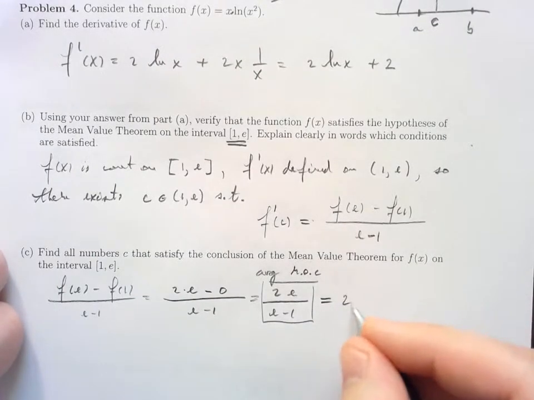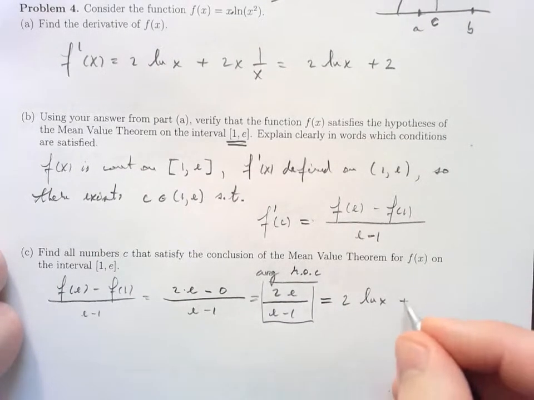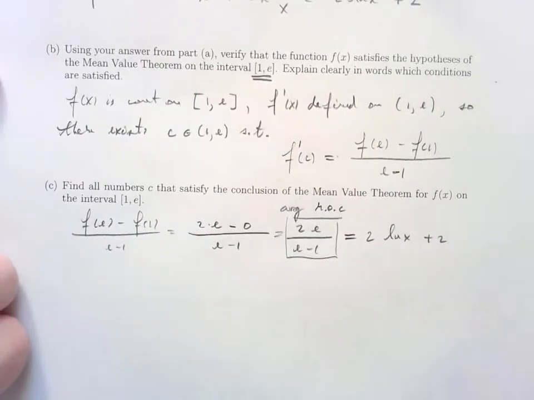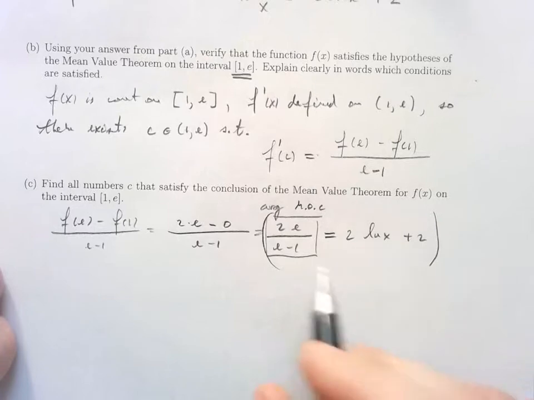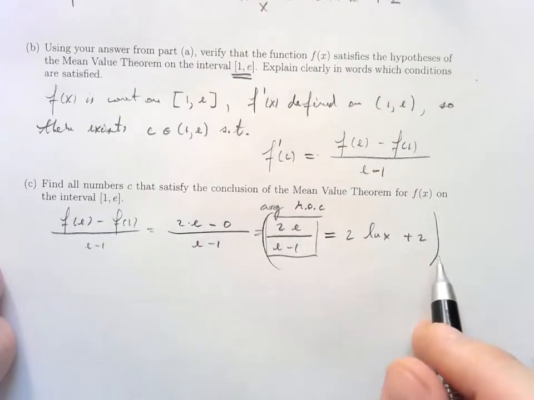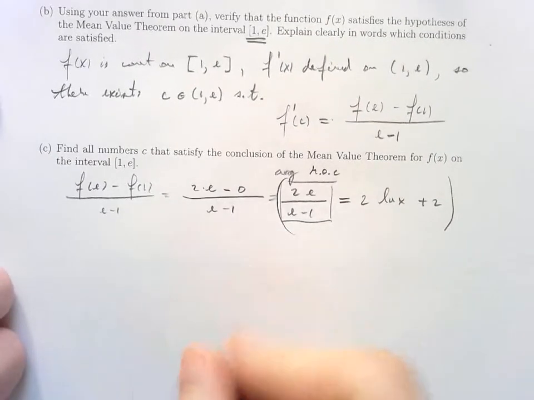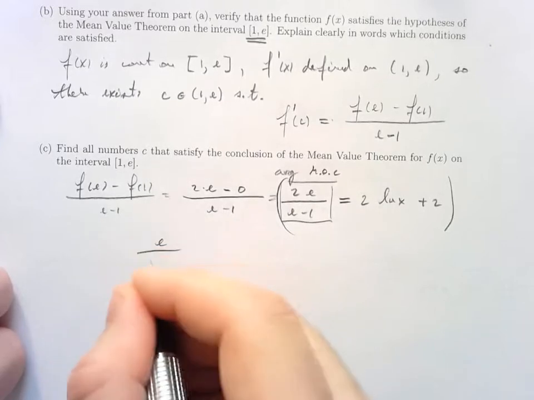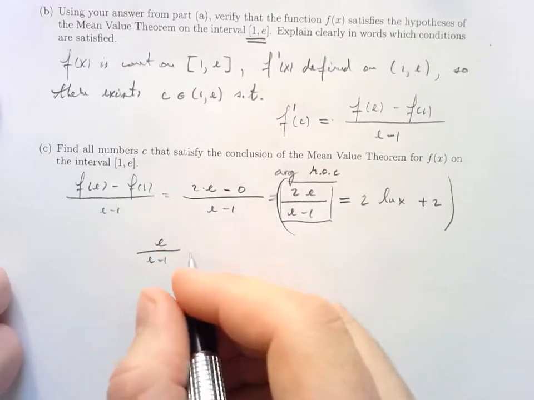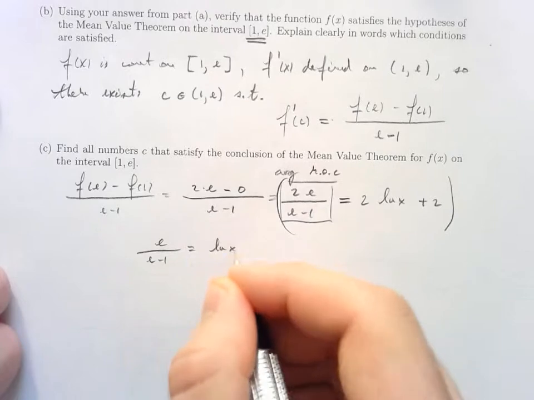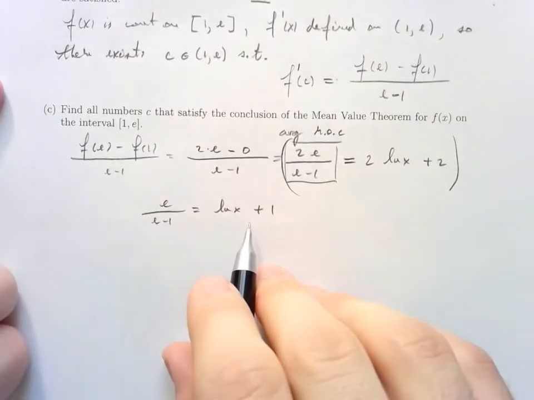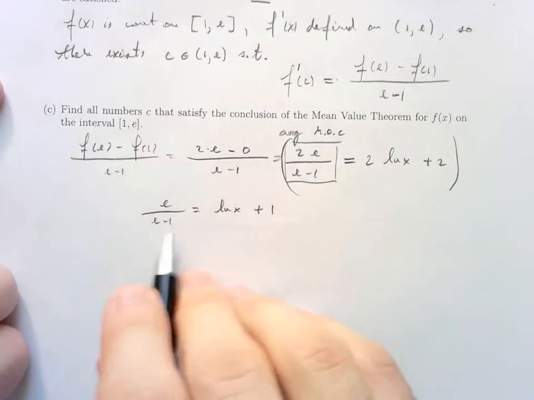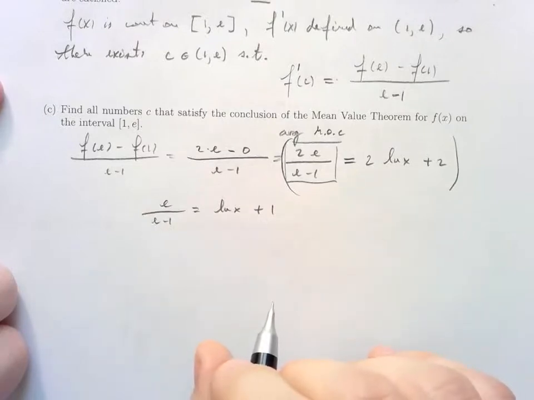So I'm going to set this equal to 2 ln x plus 2. Excellent. So now in this equation, first I'll divide by 2. I don't like having those there. So I have e over e minus 1 equals ln x plus 1. And I guess the next step would be to move the e minus 1 to the other side.